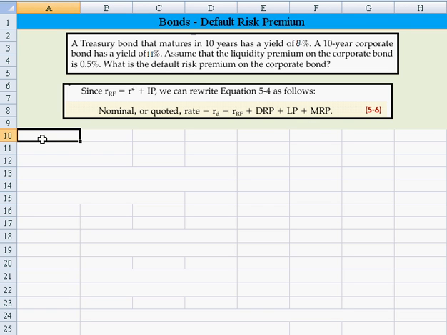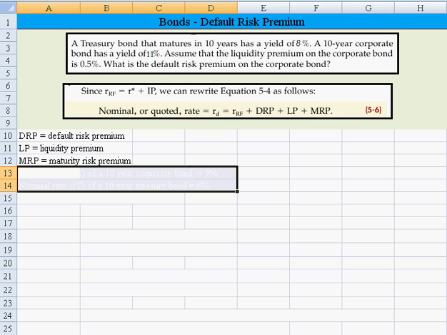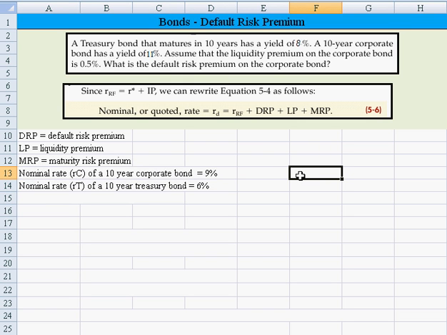Okay, given this problem, we have some information that we ought to bring to light. So let me indicate that. DRP stands for default risk premium, LP stands for liquidity premium, and MRP stands for maturity risk premium. Now, the nominal rate of a 10-year corporate bond, I'll use RC, and I'll also use RC-10 later on, is equal to 11%.